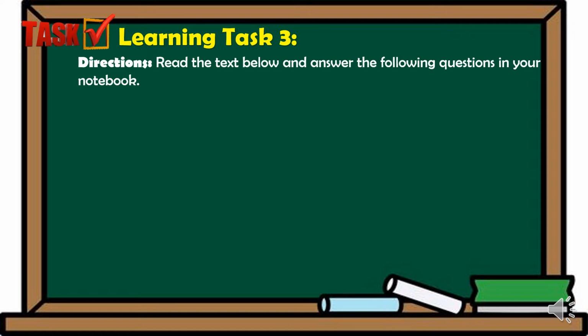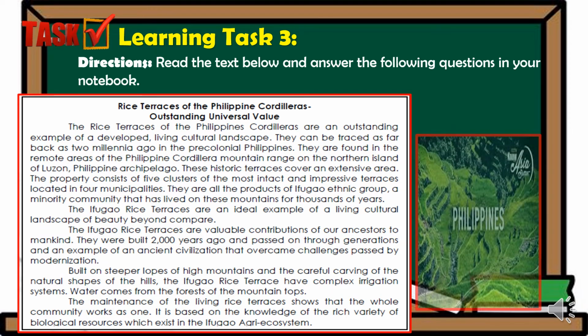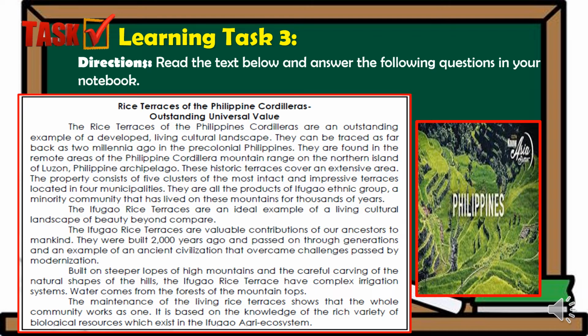directions. Read the text below and answer the following questions in your notebook. And here is the text. The title of the text is Rice Terraces of the Philippine Cordilleras Outstanding Universal Value. The rice terraces of the Philippine Cordilleras are an outstanding example of a developed living cultural landscape.